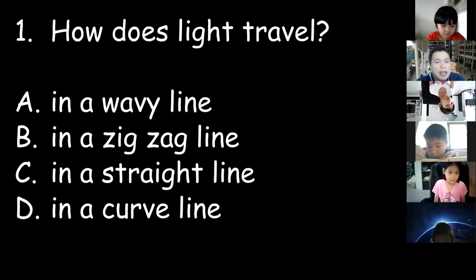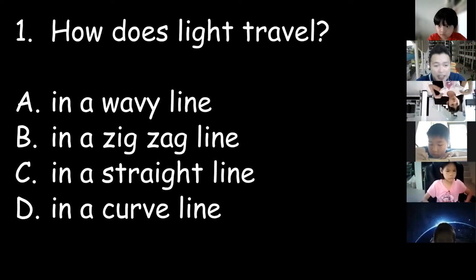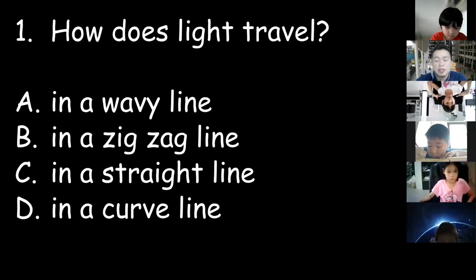So number one, how does light travel? A, in a wavy line, B, in a zigzag line, C, in a straight line, and D, in a curved line. Raise your hand, please, if you want to answer.